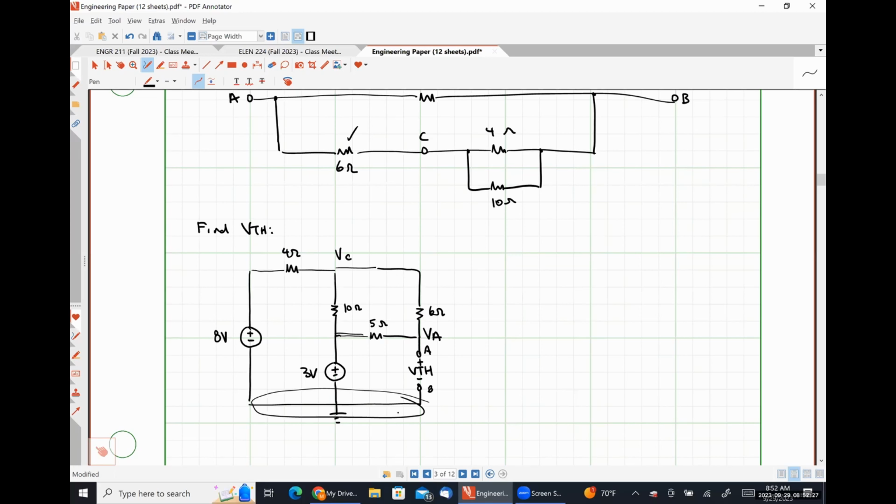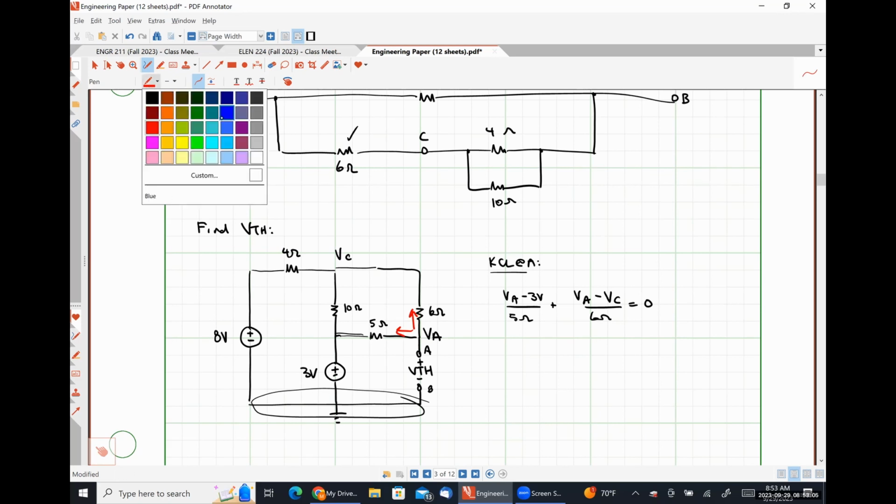So if we tried to set up our Kirchhoff's current law equations here, KCL at node A is going to give us VA minus 3 volts over 5 ohms plus VA minus VC over 6 ohms is equal to 0. So just to be clear here, that's this current plus this current leaving node A.